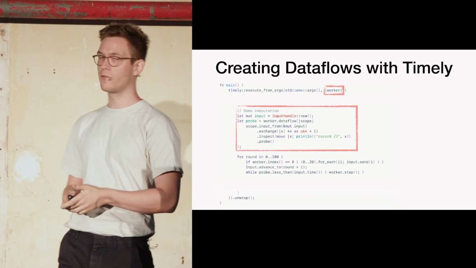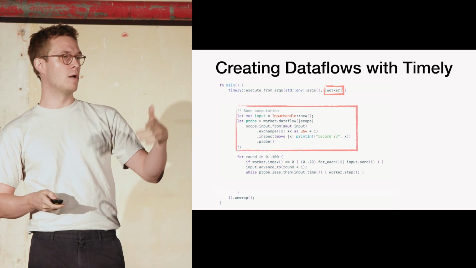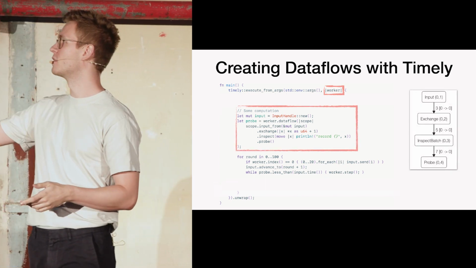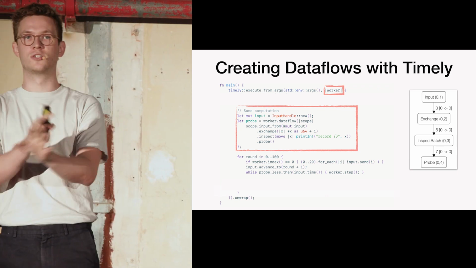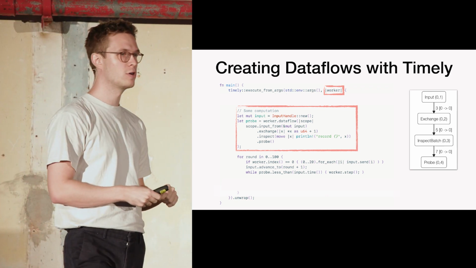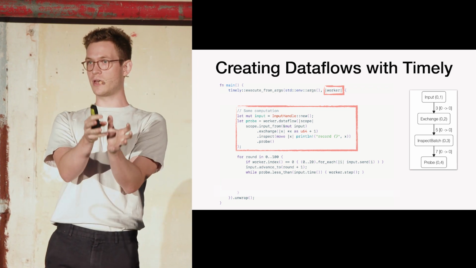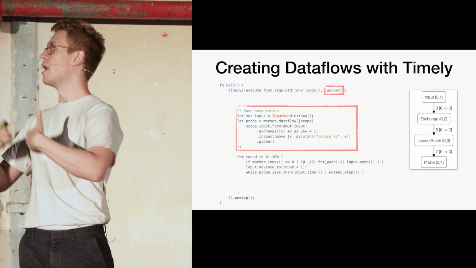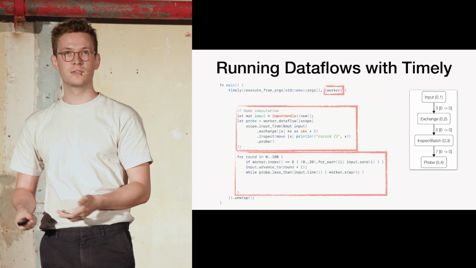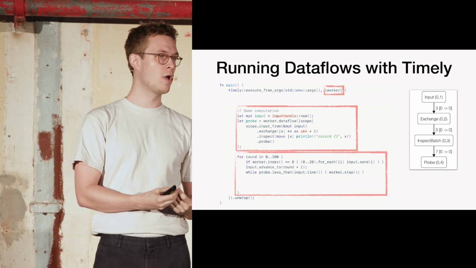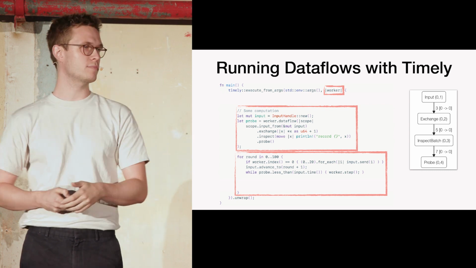Then we create our data flow structure itself, which is very simple in this case. It's just an input operator, then we exchange some data across workers, and then we inspect it and probe it. And this is the first stage, so we create the data flow, and after that follows the second stage, actually running the data flow by feeding it data.